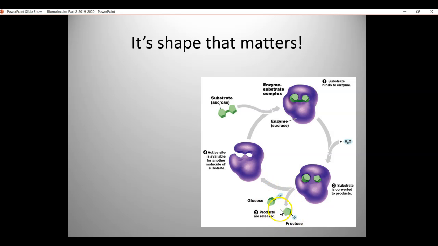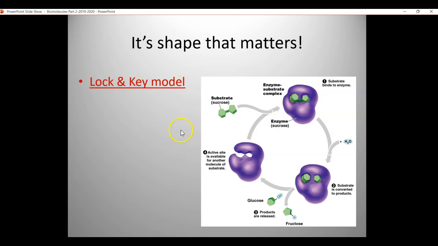Here, the products are released, and then the active site is available on the enzyme for another substrate molecule to go in, and it's a cycle. That enzyme, unless it is denatured by temperature, pH, salinity, or something, or the enzyme concentration or substrate concentration changes, continues to work at that same rate.